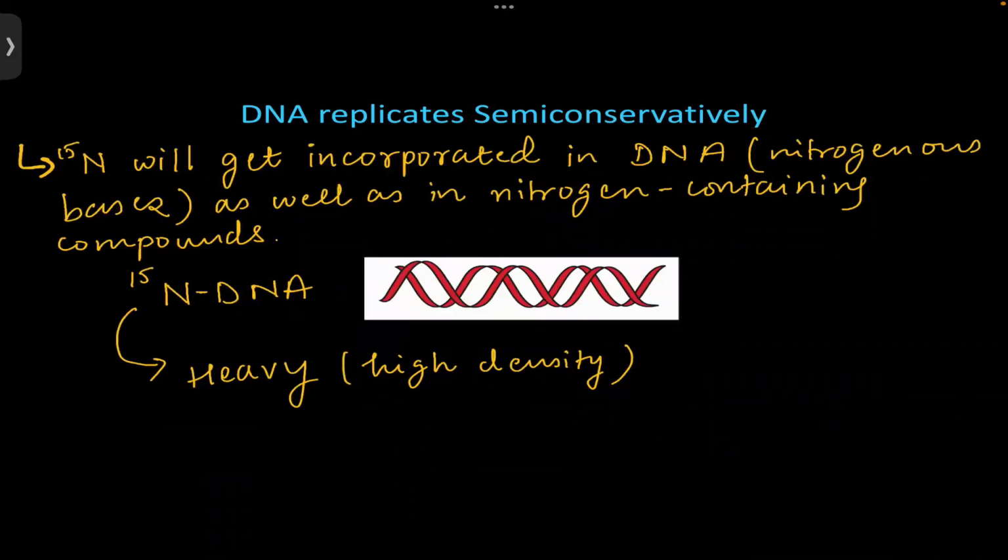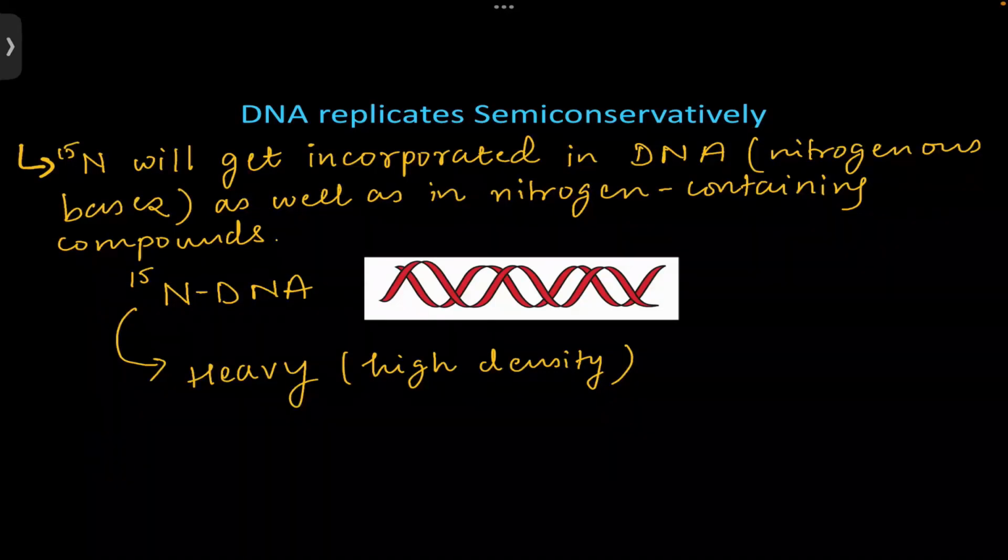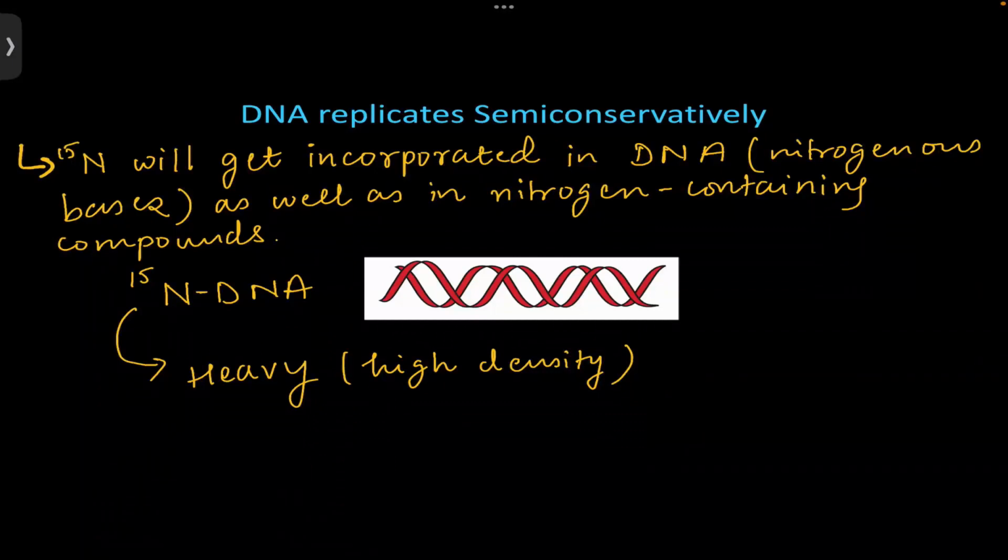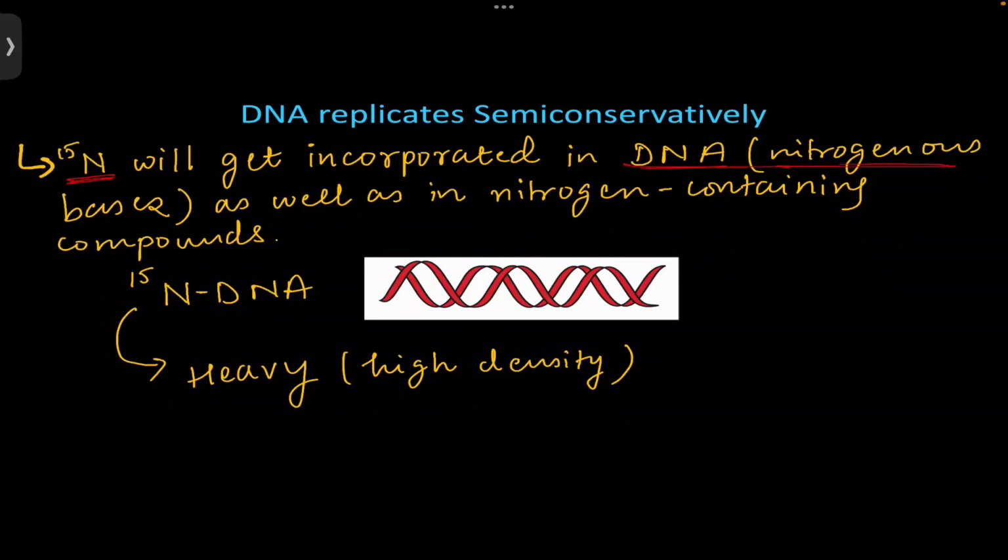So what will happen? In these E. coli cells, the replication process will happen and new DNA strands are synthesized. While it is happening, N15 will get incorporated in their DNA molecules.